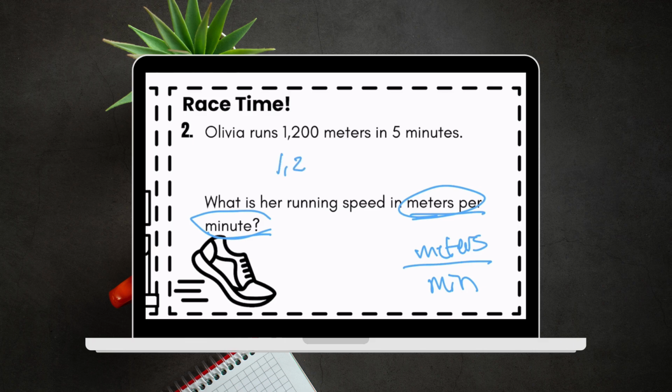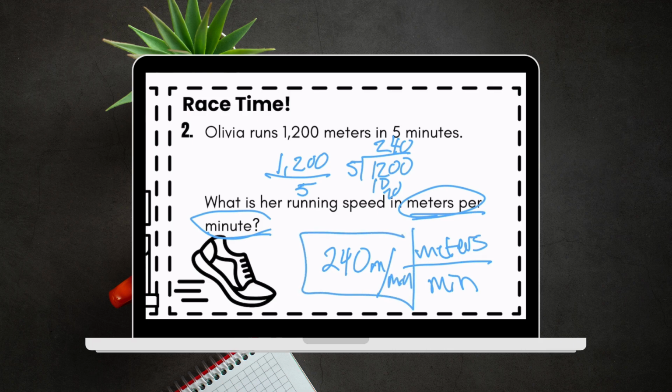So 1,200 meters divided by 5 minutes. And so I'm simply going to set that up and divide. 5 goes into 12 2 times. 5 goes into 20 4 times. So it would be 240 meters a minute would be my answer.